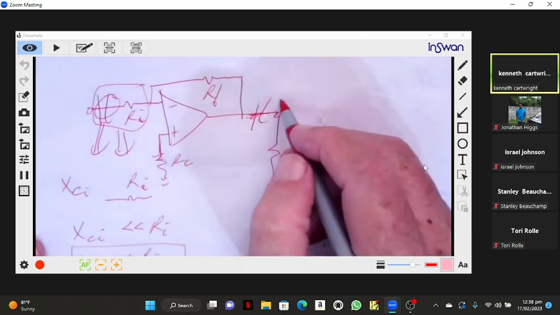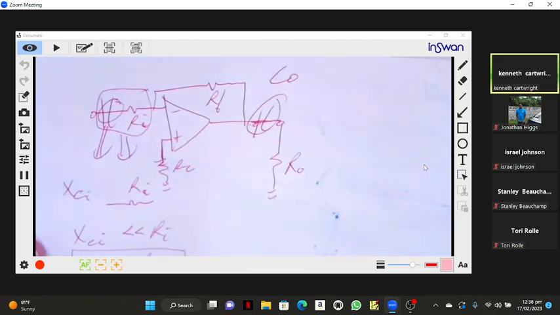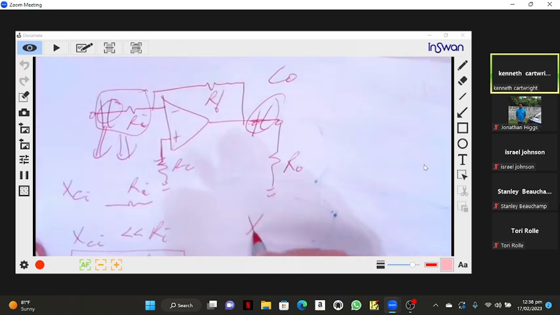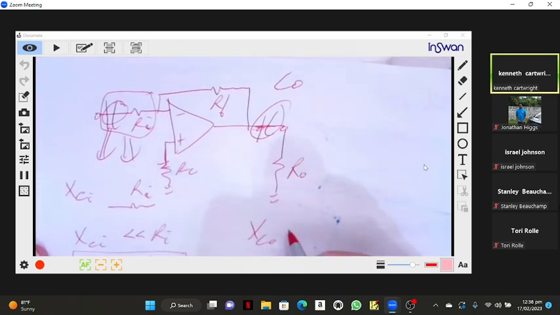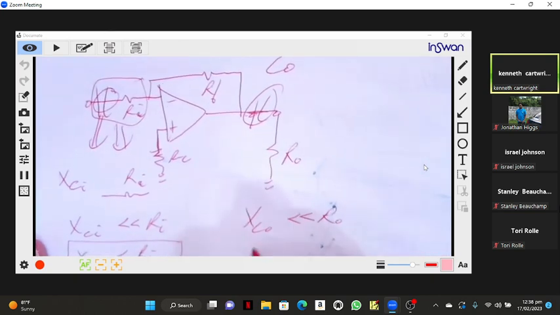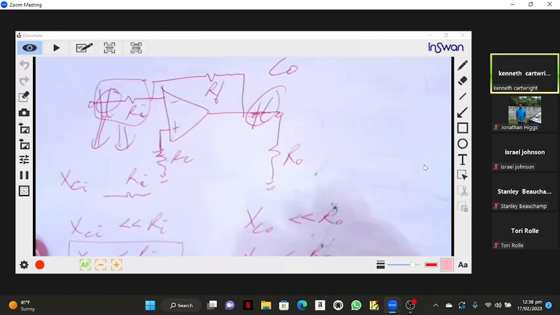What about this output capacitor? What should that be low compared to? Compared to RO, yes. So XCO should be a lot less than RO. And XCO should be less than or equal to what? RO over 10.